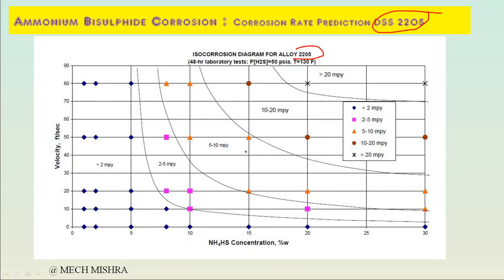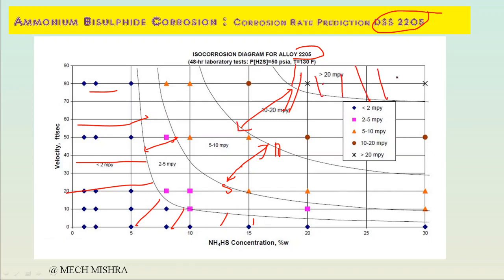So by this, see, you have a large area where the corrosion rate will be less than 2 mpy. In between these two iso-corrosion curves, the corrosion rate will be 2 to 5 mpy. Here between these two, this will be 5, here it is 10, and in between is 5 to 10, here 10 to 20, in between is 10 to 20, and this area will be greater than 20 mpy.